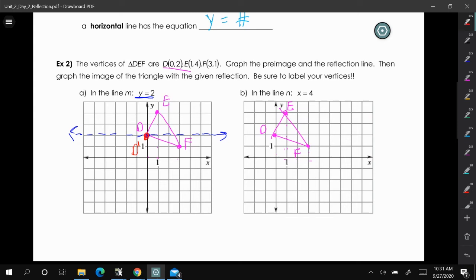And then E is 2 units above the line of reflection, so we gotta go 2 units below the line of reflection. So here would be E prime. Point F is 1 unit below the line, so we're going to count 1 unit above the line of reflection, and that's F prime. So then our new triangle looks like that.